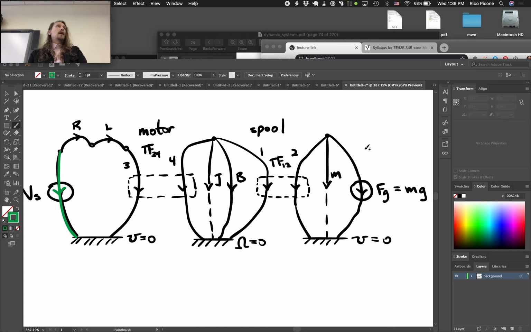It's arbitrary which one we choose to be independent or dependent. I want to take the mass to be our independent energy storage element because I'm interested to have the velocity of the mass be a state variable, because the velocity of the mass is one of the things we're going to be interested to look at as an output. Making that output easy to write, right?